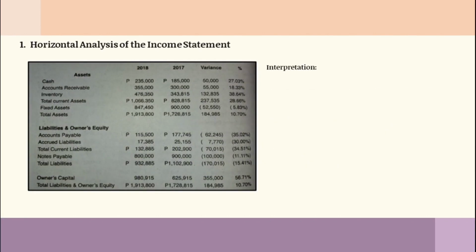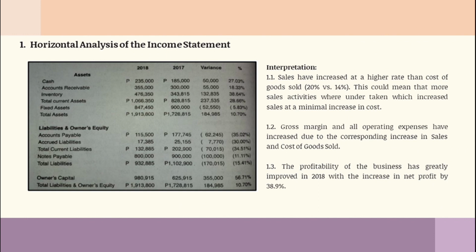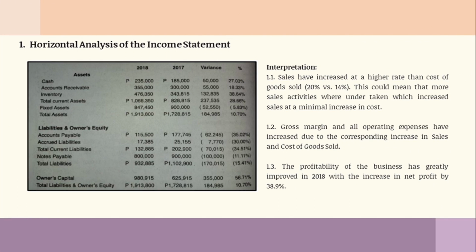So now, let's look at the horizontal analysis of the income statement. Here we can see the income and expenses of the business or company. Now we have here a picture of the comparative statements for 2018 and 2017.